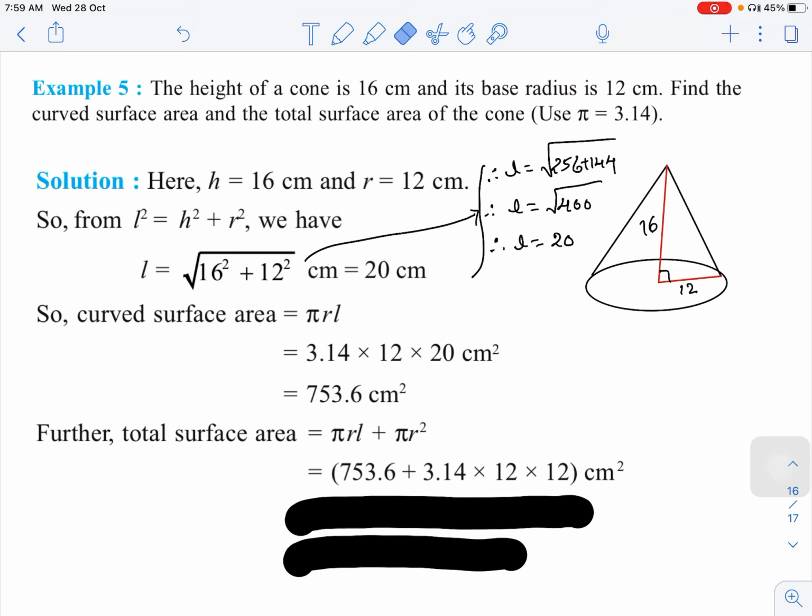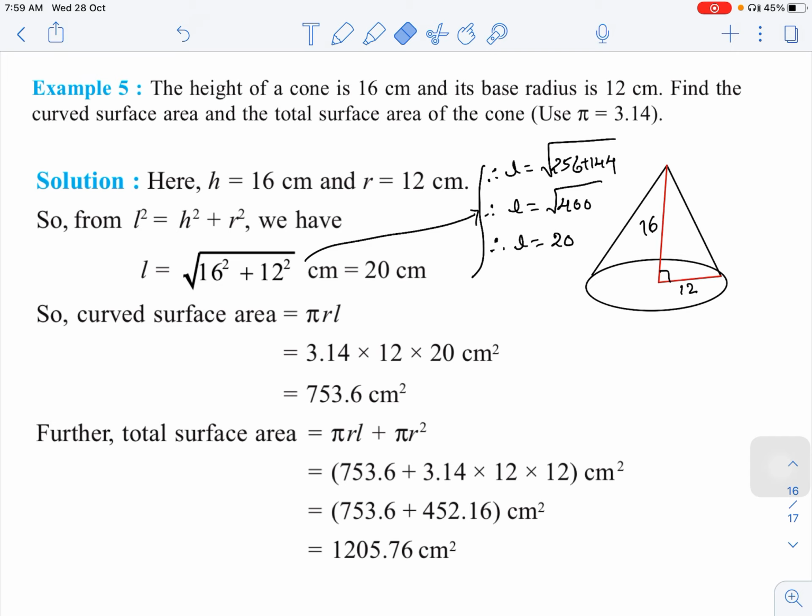The multiplication of all this is 452.16, then our final answer is 1205.76 centimeter square.